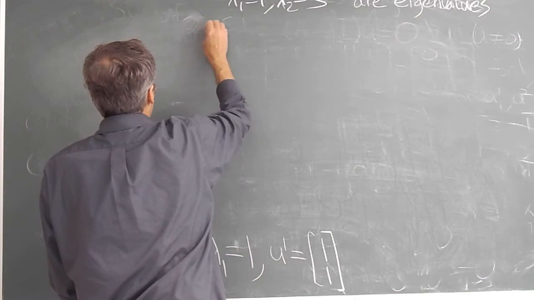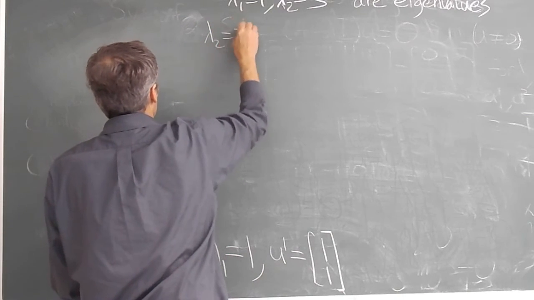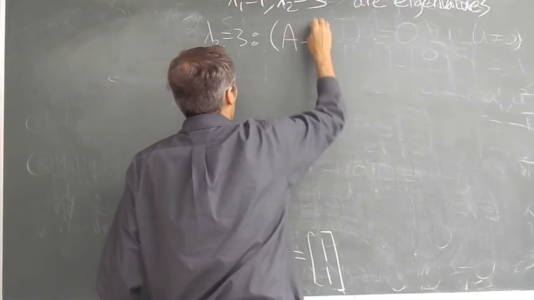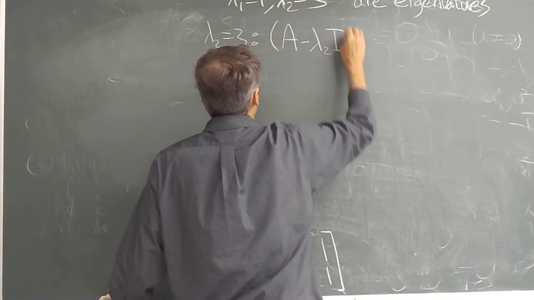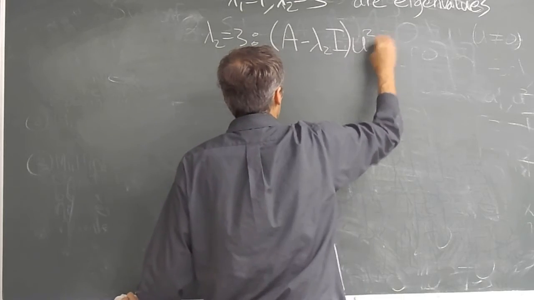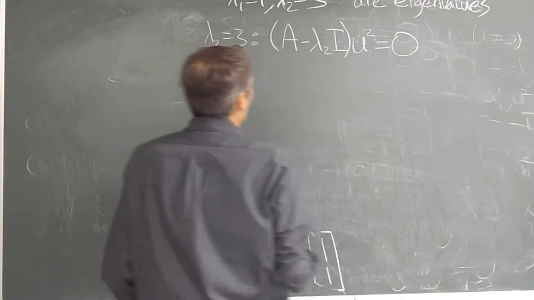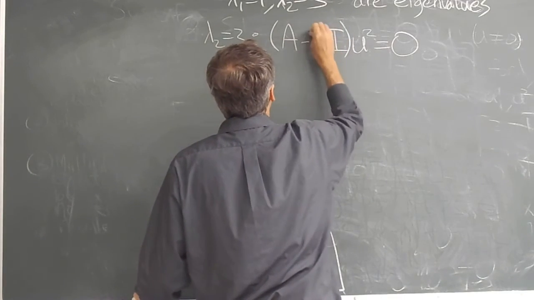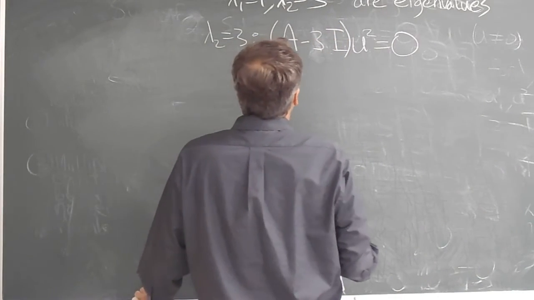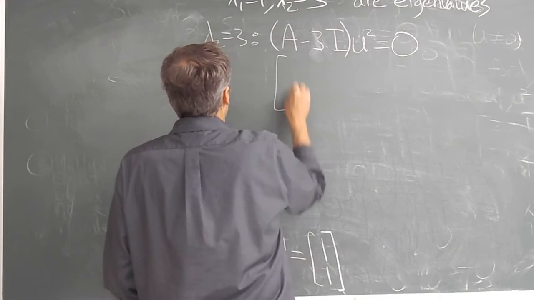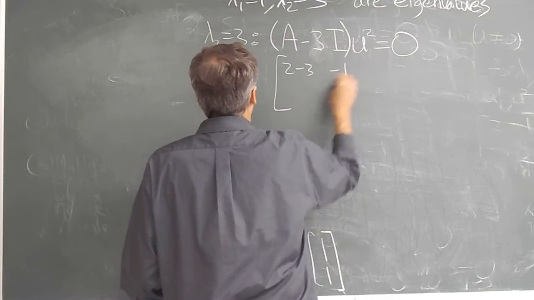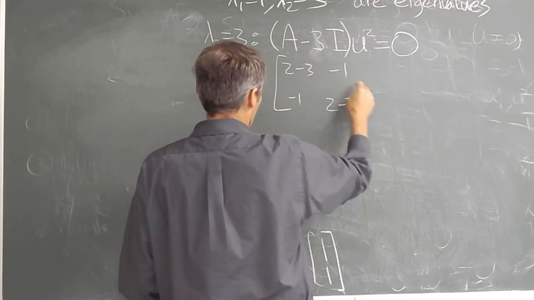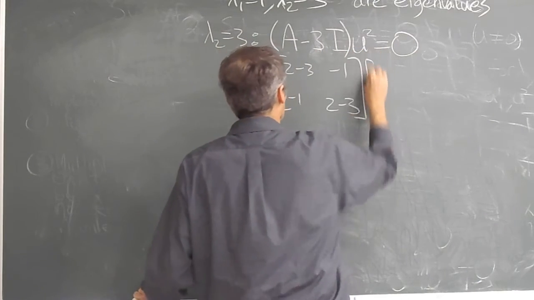Well, it's the same thing. Lambda 2 equals 3. I solve A minus lambda 2 identity, u2 equals 0, for u2, where lambda 2 is 3. And let's see, if I take 2 minus 3, minus 1, minus 1, 2 minus 3, subtracting 3 from each diagonal element of the original matrix is what this does.